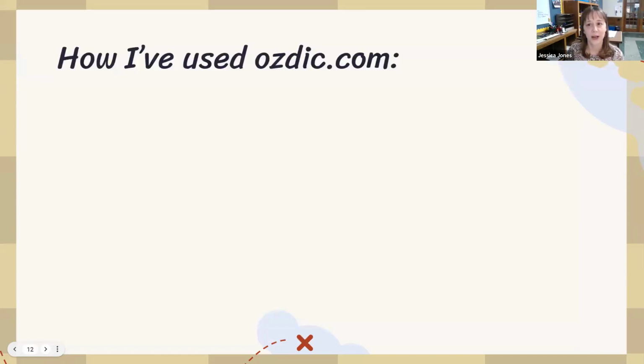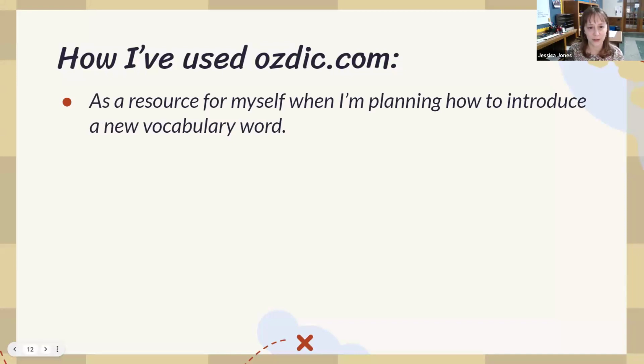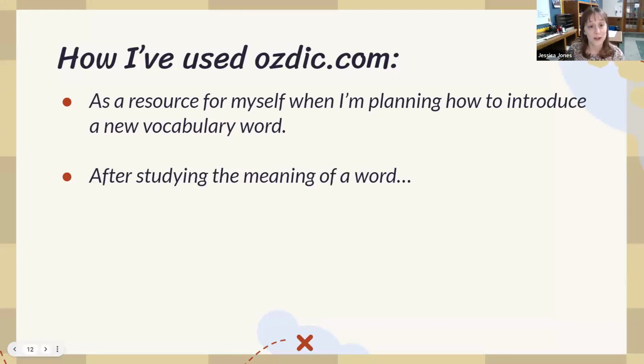And then, so how we've used it. In addition to working with students, I also use this as a resource for myself when I'm getting ready to introduce a new vocabulary word.